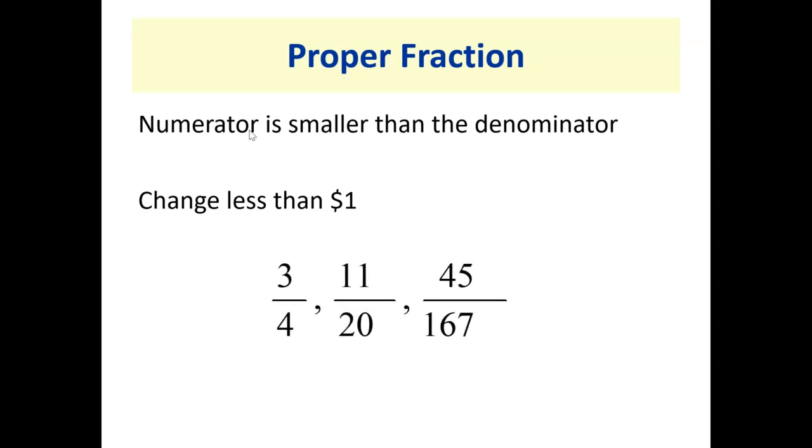Here are some examples: 3 over 4, 11 over 20, and 45 over 167. 3 over 4, for instance, if you change it into a decimal, it will be 0.75, which represents 75 cents. Of course, that is less than $1. So any of these fractions, if you put them in a calculator to get a decimal, will be less than $1.